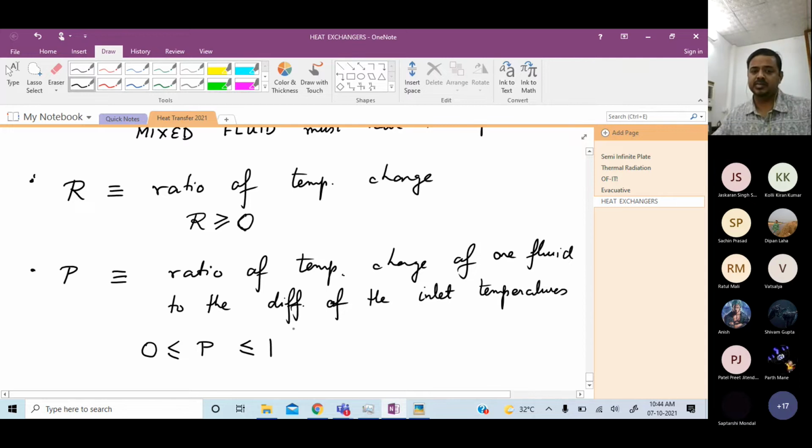So therefore, the denominator is the maximum temperature difference possible. So P has to be less than 1.